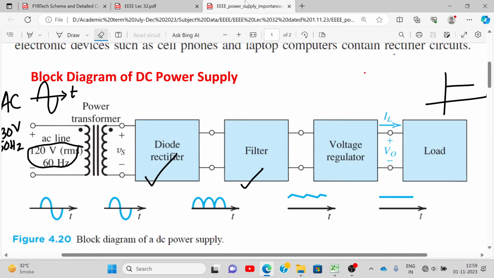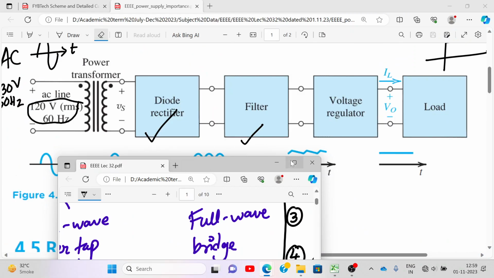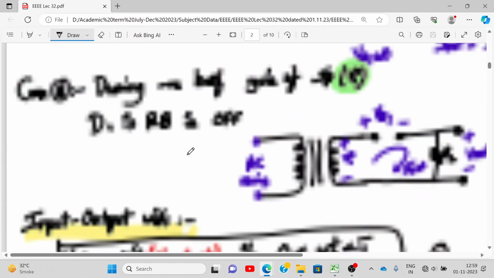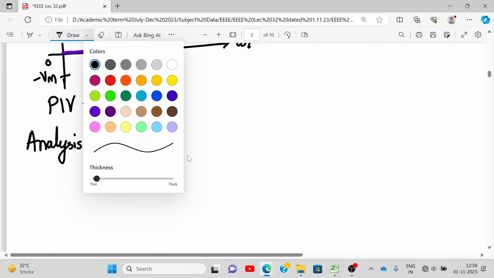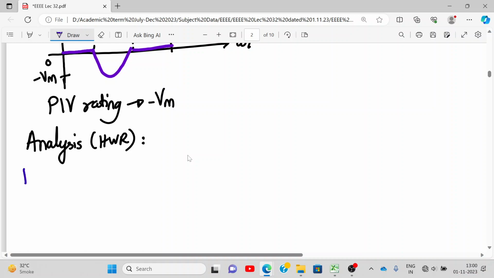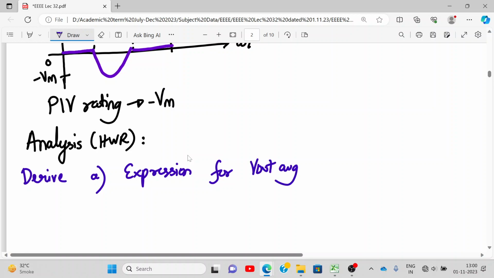So write down: analysis of half wave rectifier. Analysis means derive first the expression for V out average.